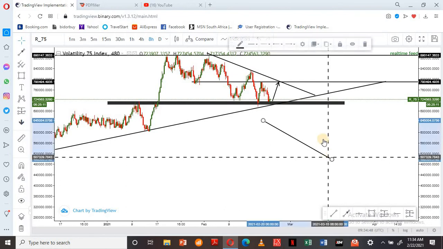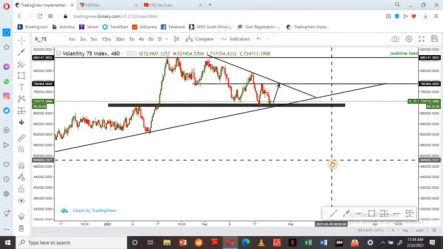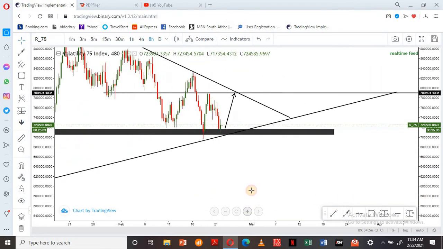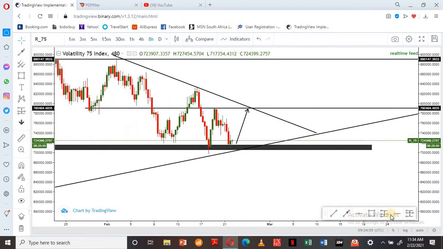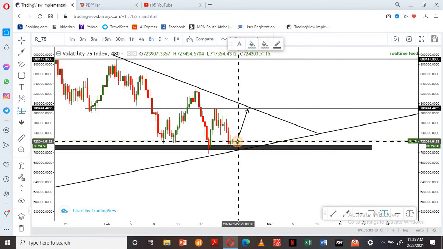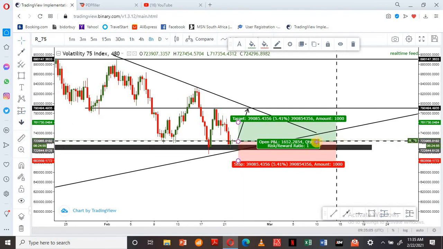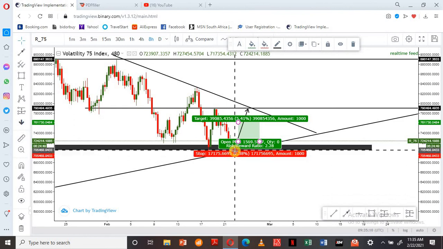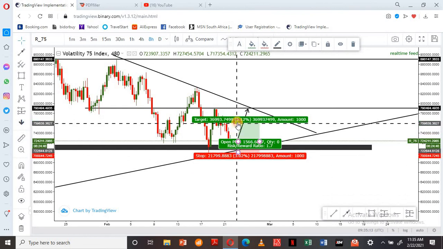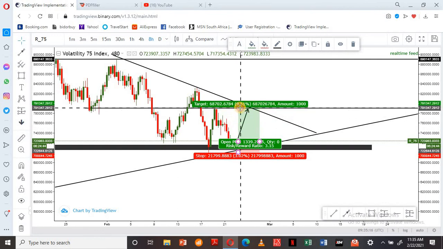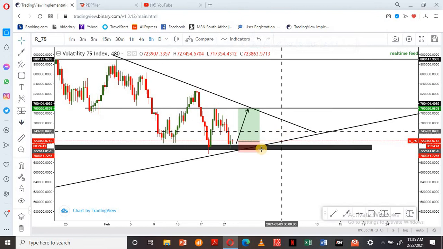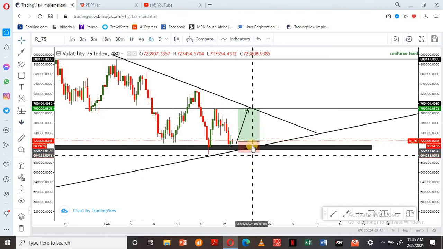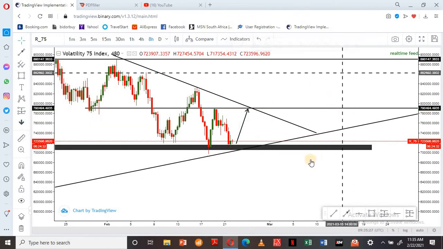So let's say you're about to buy now, because you see it's running inside a falling wedge. I'm not saying you should buy. I'm just saying you are about to buy based on your calculated risk and your account size. So your stop loss and take profit should be reasonably here, then your stop loss below this level. So you take calculated risk.